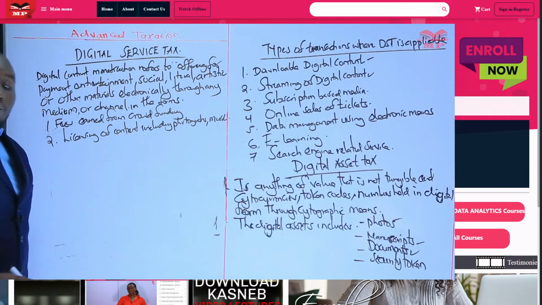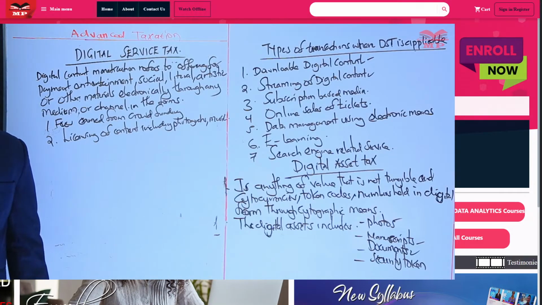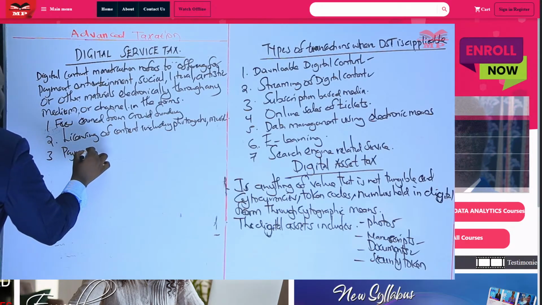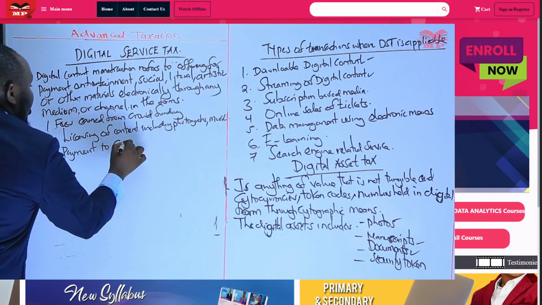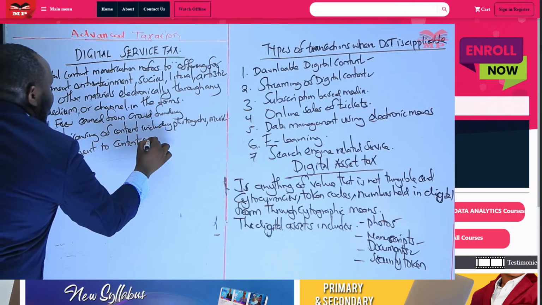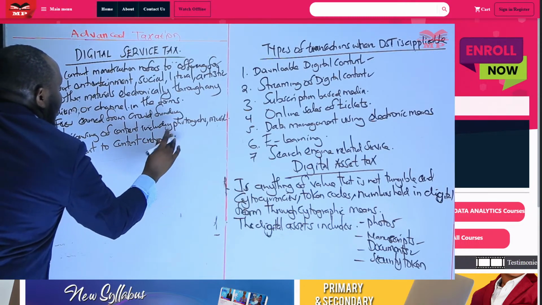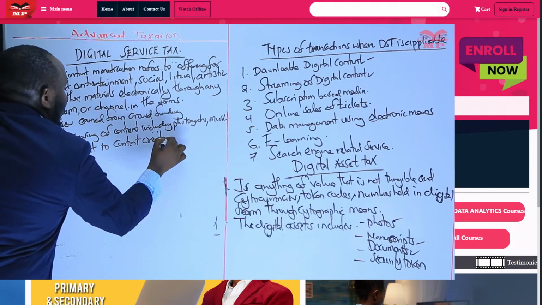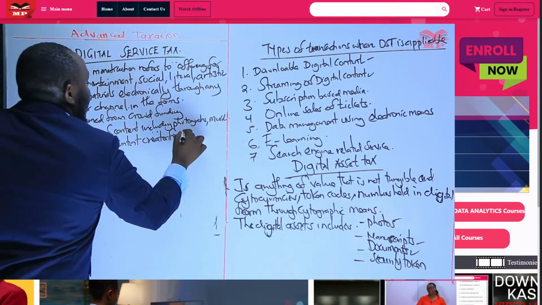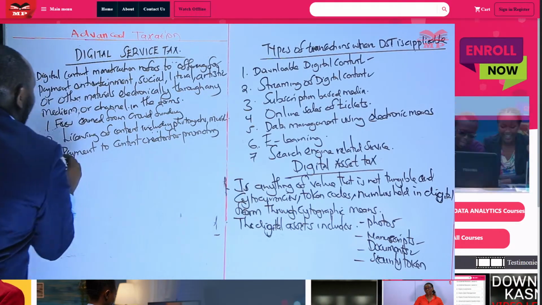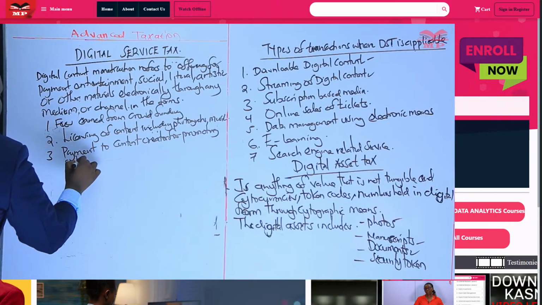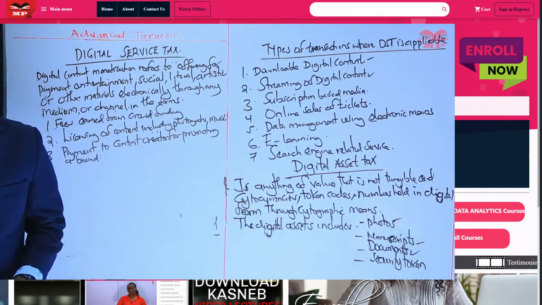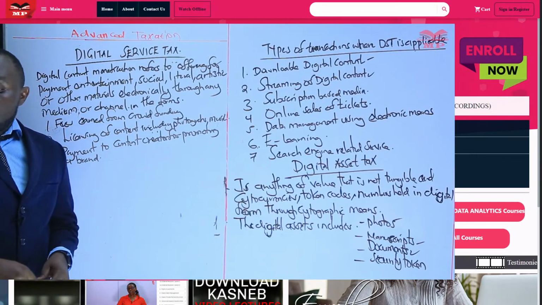When you license them for payment, that is one of the forms. Then payment to a content creator for promoting a brand. A payment that is made to the content creator for promoting a brand.